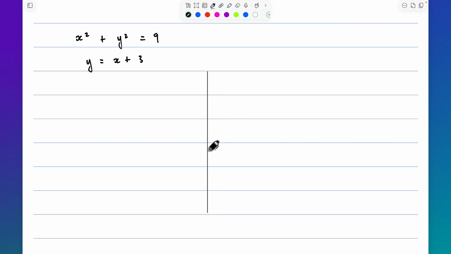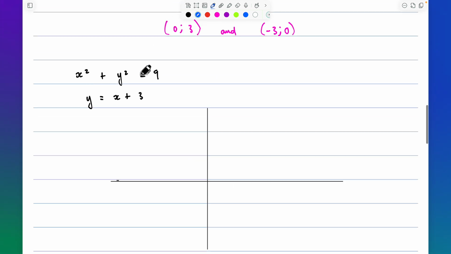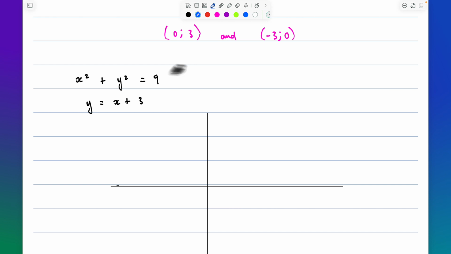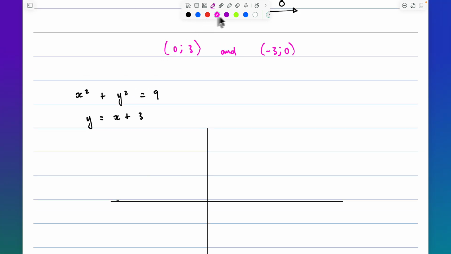So we have our y-axis, we have our x-axis. Okay. So we start off with the circle, right? For the circle, your equation of a circle usually goes x minus x1 all squared plus y minus y1 all squared is equal to r squared, right?